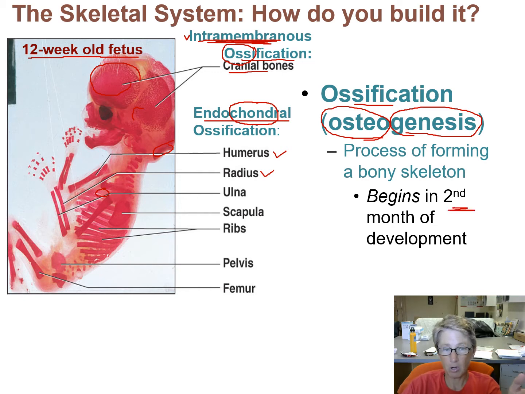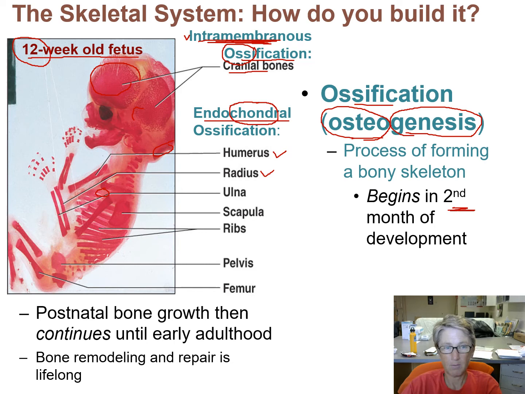The second month would be like week 5. At the beginning of week 5, you would start the process, and this, of course, is a snapshot of a 12-week-old. So you've gone through the process, and you've built these long bones and flat bones.